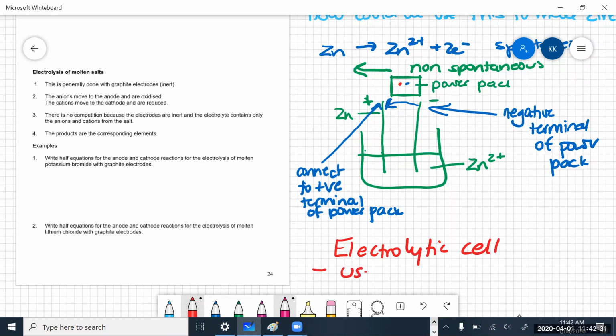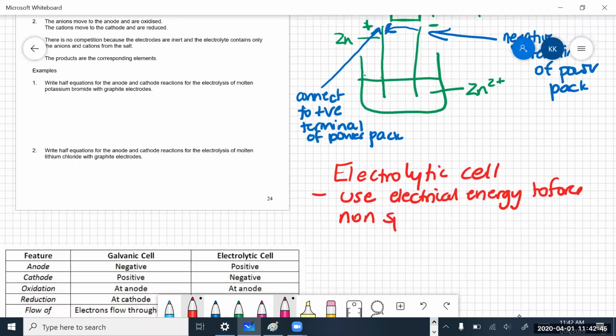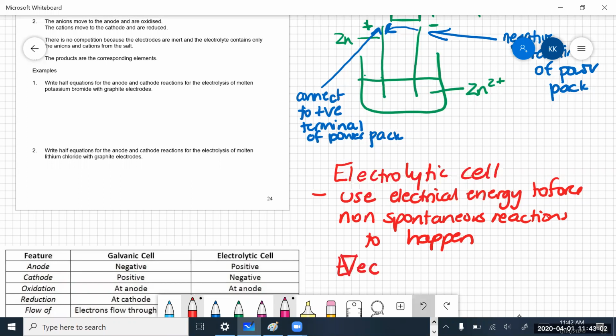So we're going to use electrical energy to force non-spontaneous reactions to happen. And the process is called electrolysis. So what we're going to learn about is electrolysis.